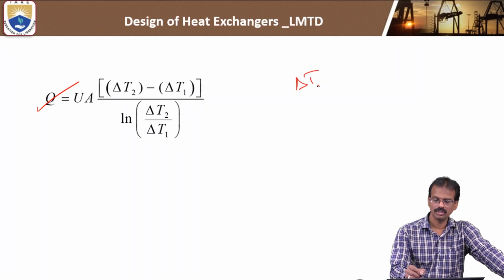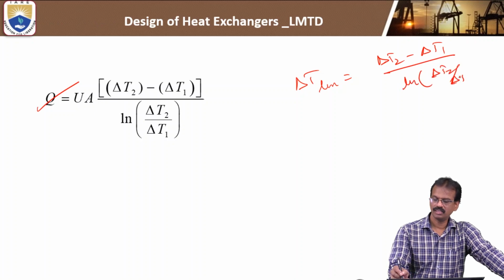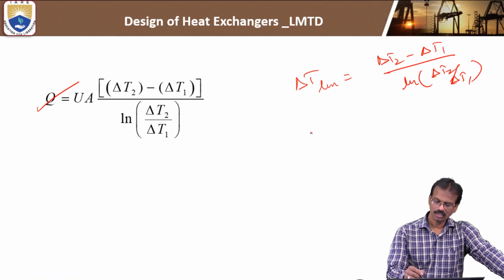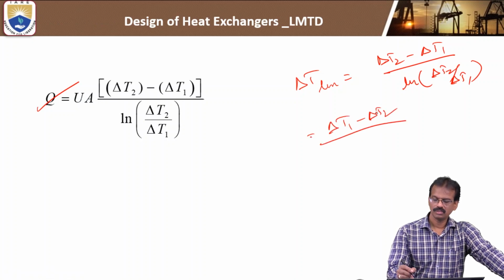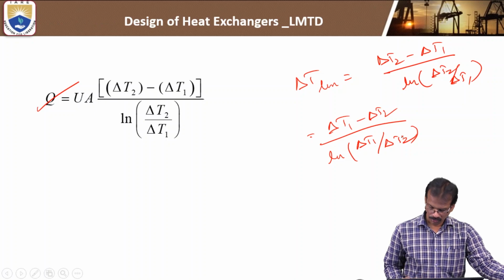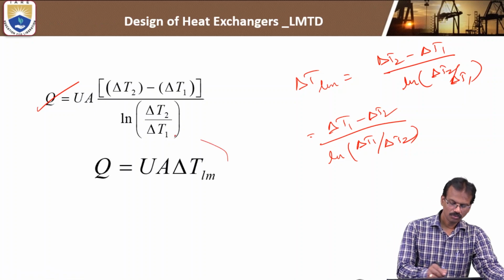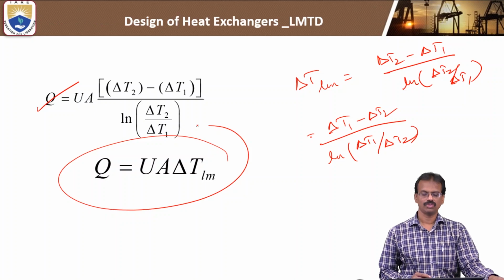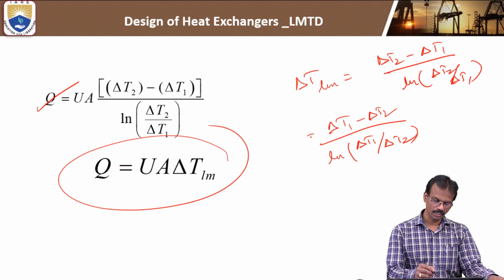So this is nothing but delta T LM. So delta TLM is equal to delta T2 minus delta T1 by ln of delta T2 by delta T1. Otherwise you can write like this one also: delta T1 minus delta T2 by ln delta T1 by delta T2. So Q, the rate of heat transfer, is equal to UA into delta TLM.